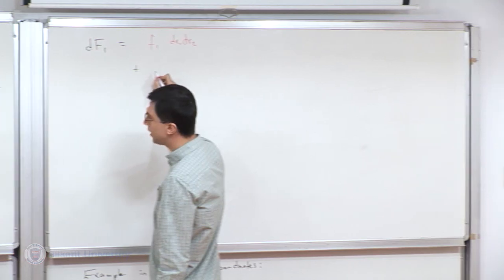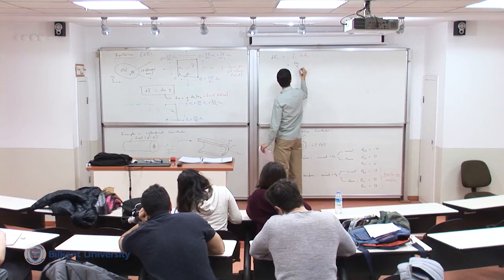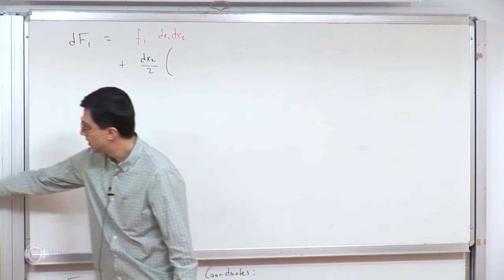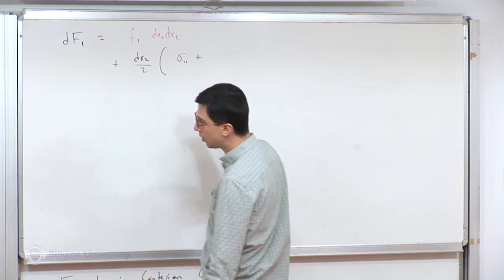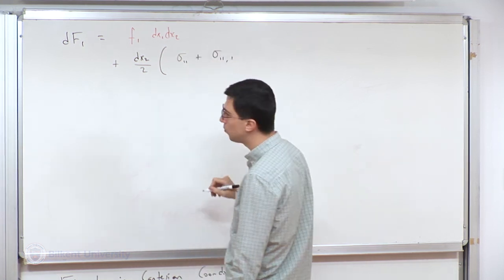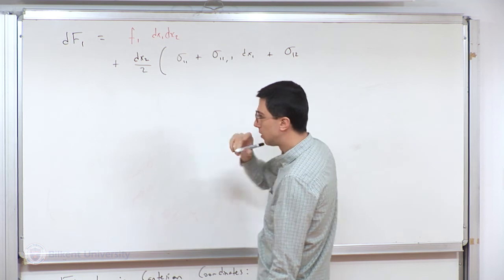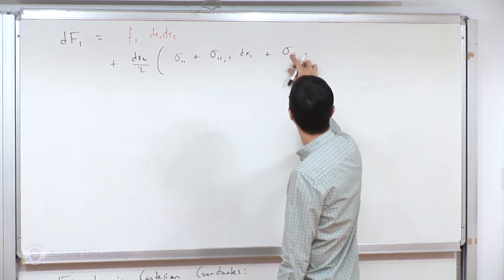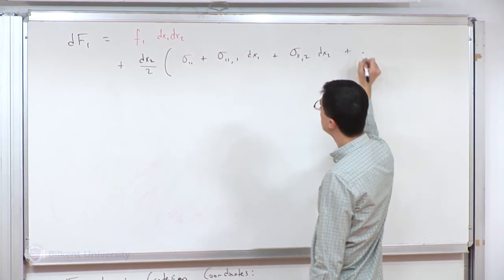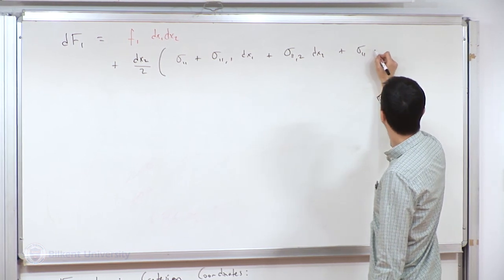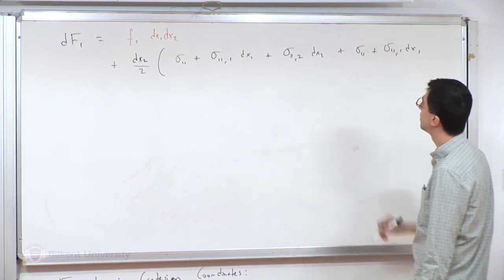So the net force due to that is equal to dx2 divided by 2, and then top plus the bottom. Okay. So sigma 1,1 plus, so now let me simplify my life a little bit. Sigma 1,1, comma 1, dx1 plus sigma 1,1, comma 2, dx2 plus sigma 1,1 plus sigma 1,1, comma 1, dx1.